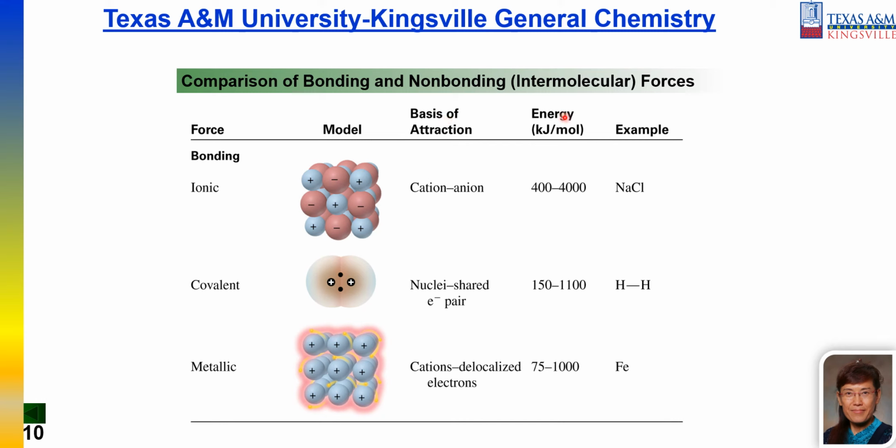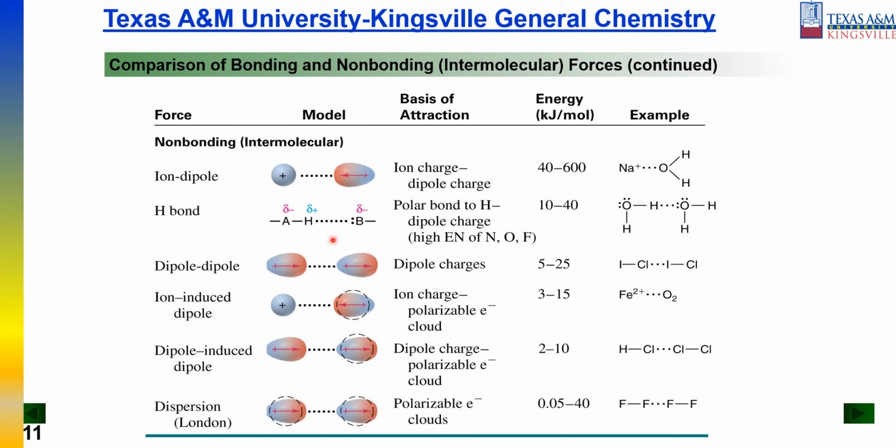And how high is the energy? What are the commonly used examples? Also for the non-bonding forces, we are going to study, I think, six different types. And what's the model, and what's the basis of the attraction for each type of intermolecular force? Also how high the energy could be, and the examples.